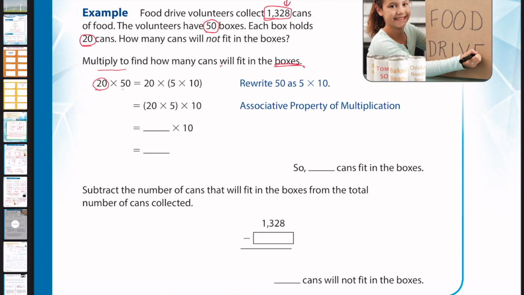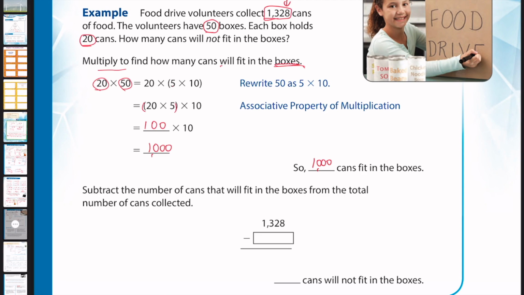So 20 times 50. Oh, they rewrite this 50 as what? 5 times 10, and then they use associative property because they move what? Parentheses. So 20 times 5 is what? 100. And then times 10 is 1000.